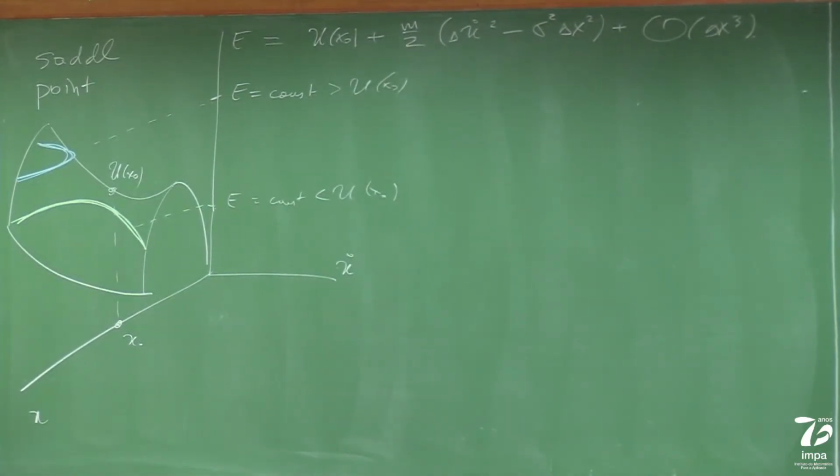Essentially, whenever you have a saddle point, which is increasing in one direction and decreasing in another direction, every cut will be approximately a hyperbola. So this is the reason.